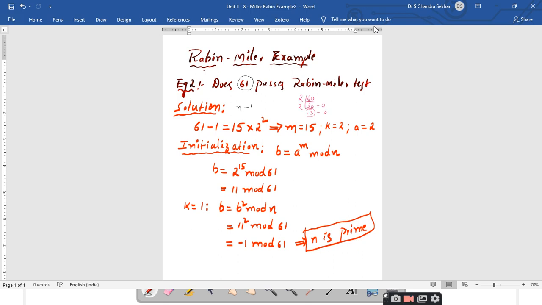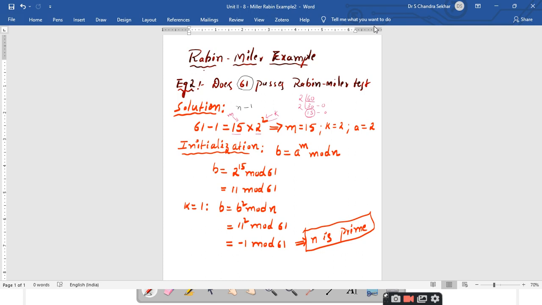So we express 60 as 2 squared into 15, where 15 becomes m and the power 2 becomes the value of k.